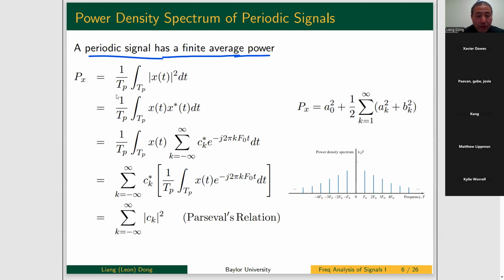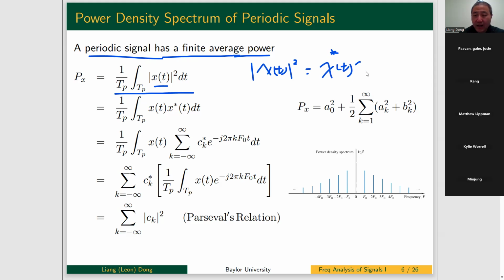To find the average power, we integrate the absolute value squared of x(t). What is that? If x is a complex signal, it is x(t) conjugate times x(t).